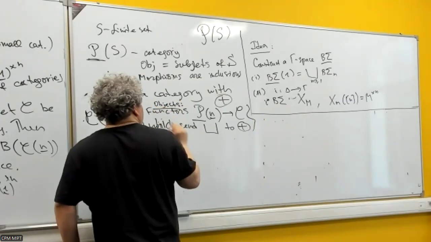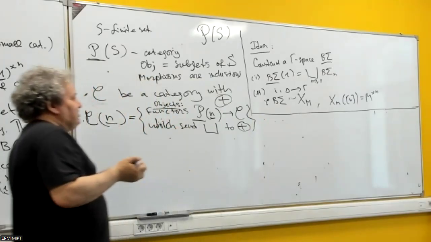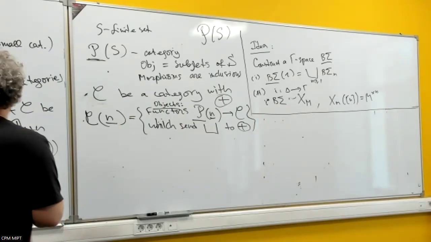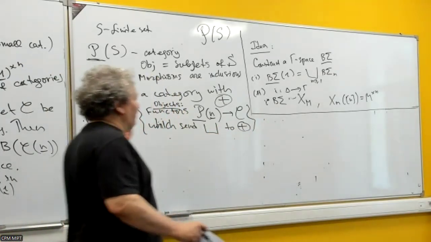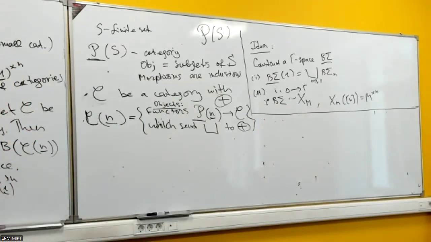Is direct sum the coproduct? Co-product, right, of objects, we call it direct sum. So here we use disjoint union for both, but maybe it's disjoint union in different categories.